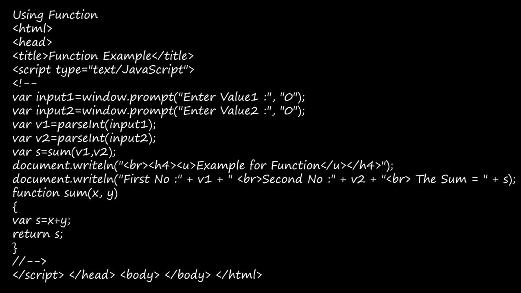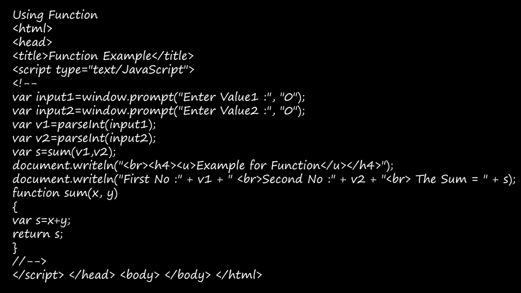Variable input1 is equal to window.prompt, and inside the bracket, "Enter value 1" inside double quotes, separated by a comma, and then "0" inside double quotes. So "Enter value 1" will be displayed in the prompt dialog box, right?